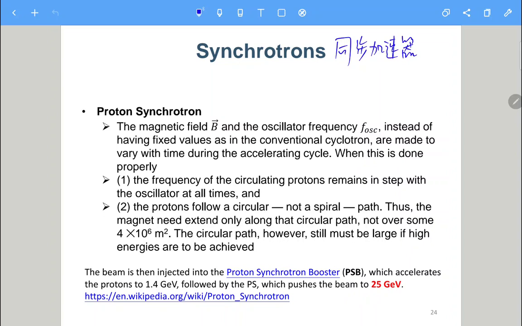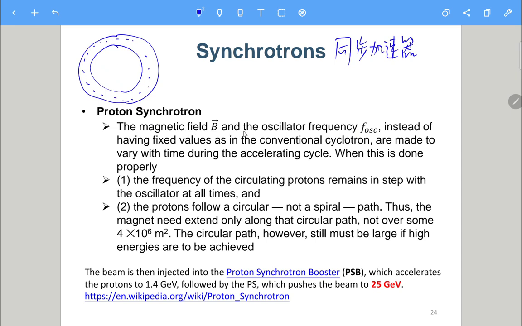But the main difference between the synchrotron and the cyclotron is that the synchrotron only has something like a ring here, and you try to manipulate the B field, so the control will be more complicated, but you only need to generate the B field inside this ring, so you don't need so much energy to do so.